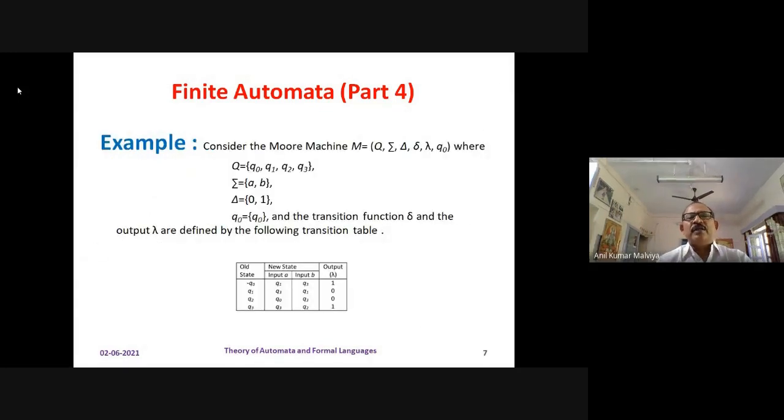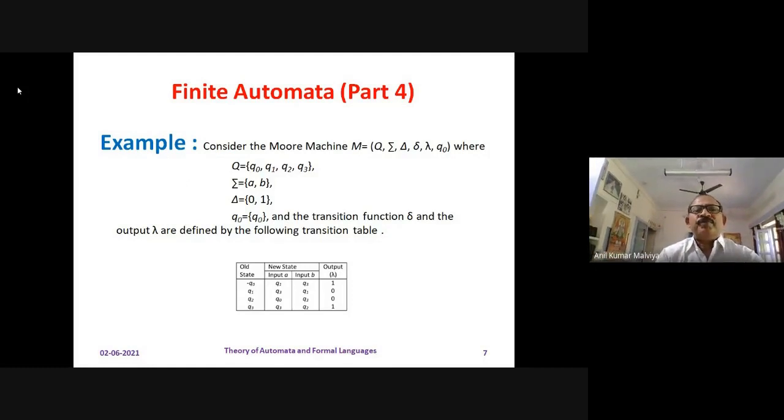Let us take an example. Suppose a given Moore machine has 4 states Q0, Q1, Q2, Q3. Sigma is a, b, capital delta is 0, 1, and here Q0 is the initial state, and the transition function is defined with the transition table.